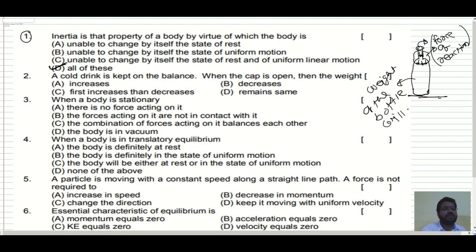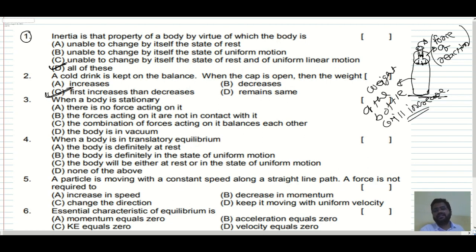It is observed practically, so you have to believe this will increase. And once that pressure is equal to the atmospheric pressure, then what will happen? The weight of the bottle will decrease. So firstly it will increase and then it will decrease. So option C is the correct option for the second question.